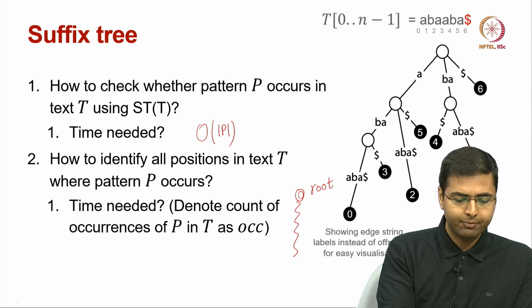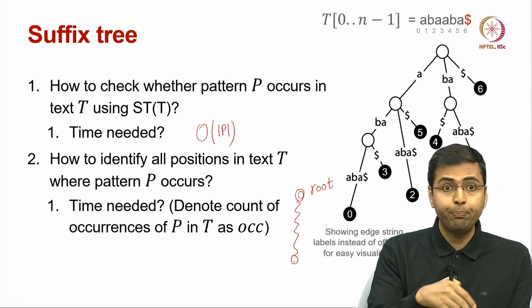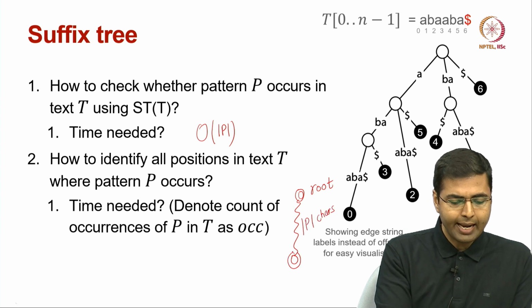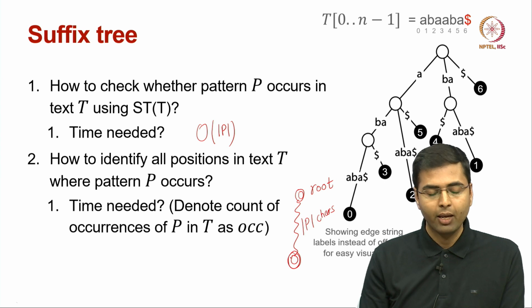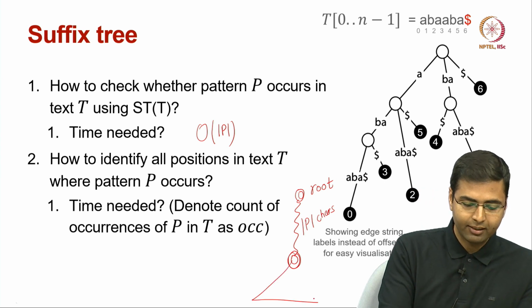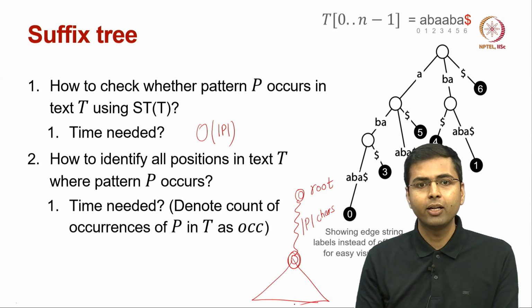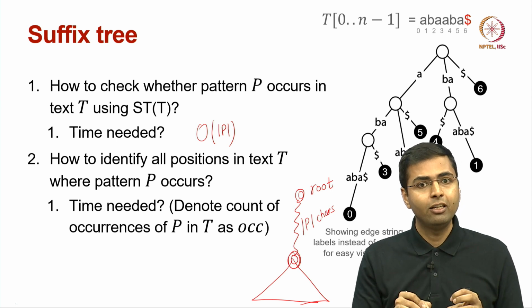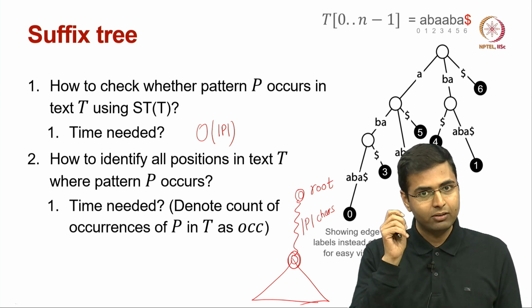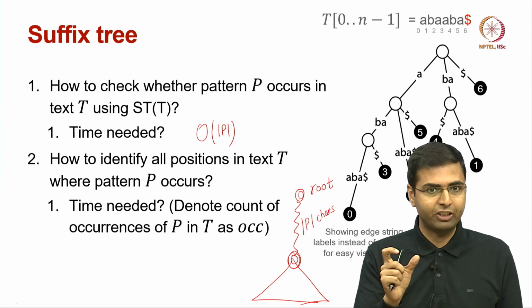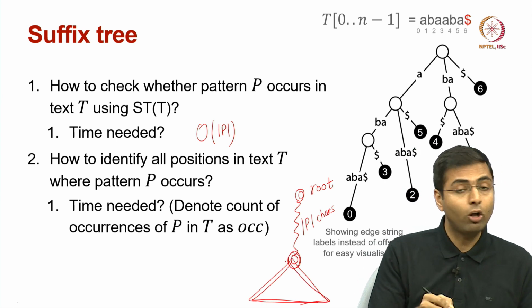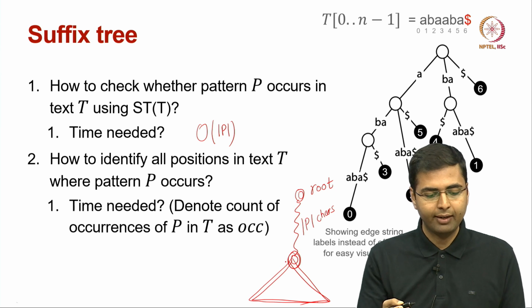I will go until I have finished matching all the P characters of the pattern, and then I am going to stop at this node and look at the subtree below this node. All the leaf nodes in this subtree will tell me the suffix IDs at which the pattern is matching. So a linear traversal of this subtree will give me all the occurrences.